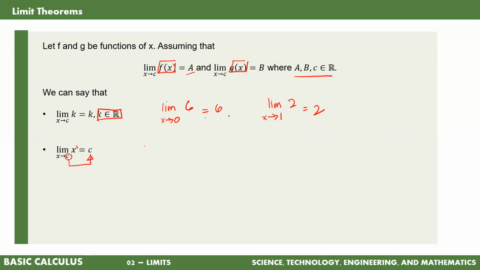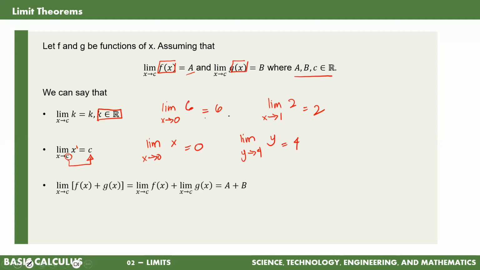So, halimbawa, meron kang limit of x as x approaches 0 is equal to 0. Limit of y as y approaches 4 is equal to 4. So, again, nag-work lang to sa monomial, tapos 1 lang yung exponent.